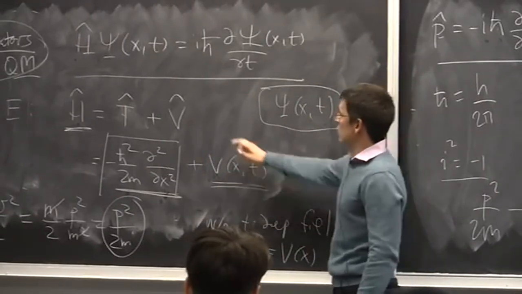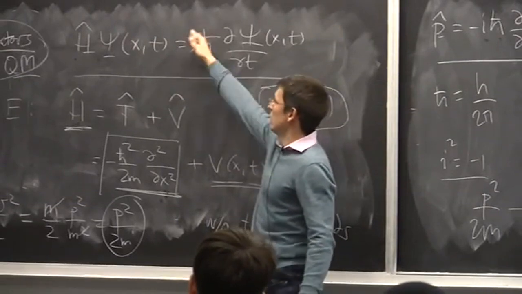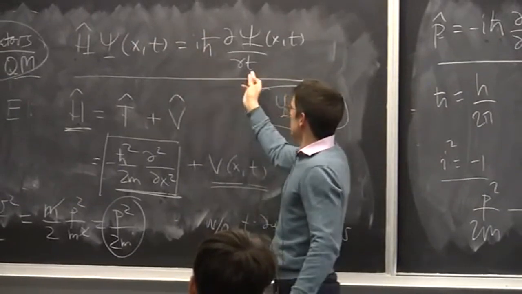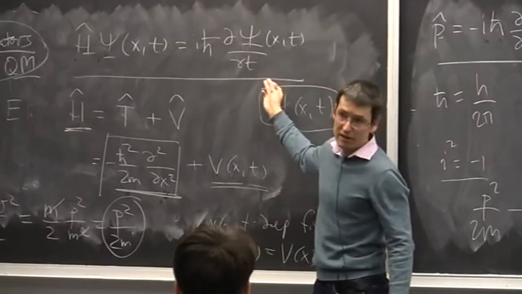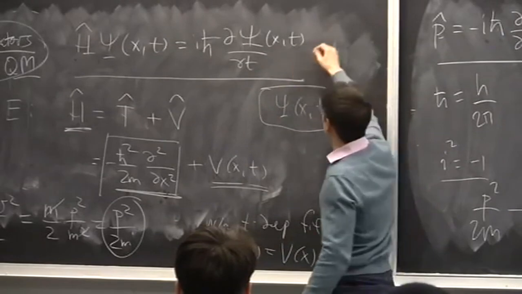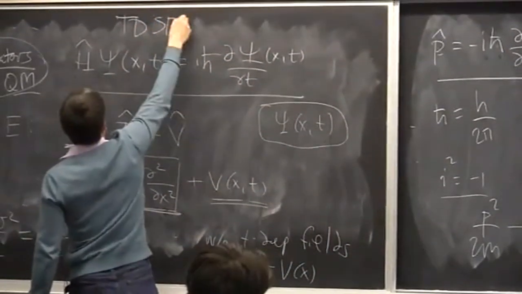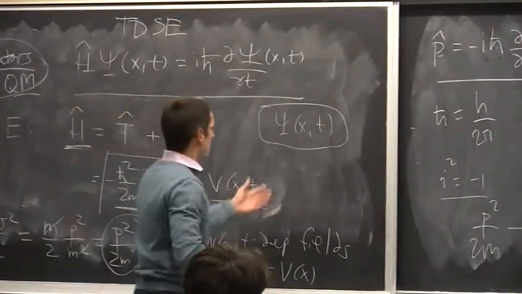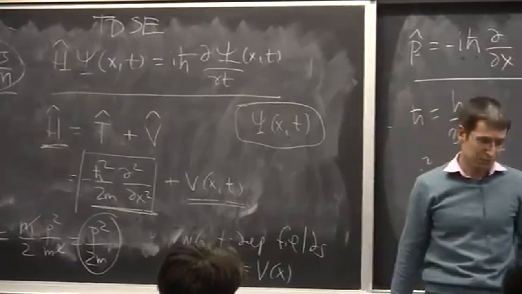And that should be the left-hand side, and it should be equal to the right-hand side where I have a known constant multiplied by the derivative of this unknown function with respect to t, right? So the solution for the time-dependent Schrödinger equation, TDSE, is this function, psi.